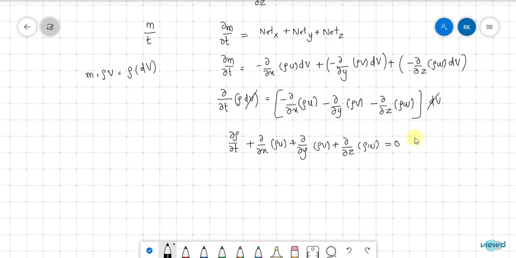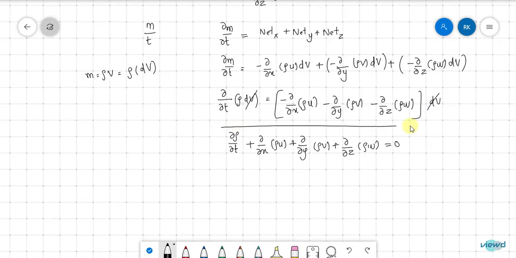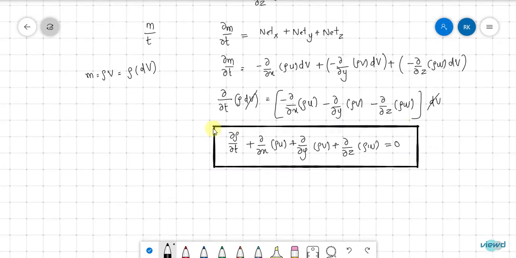This is the continuity equation that we have got. The final continuity equation is this one.